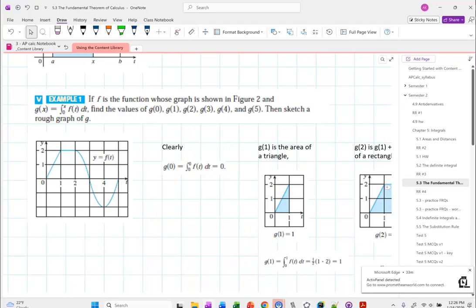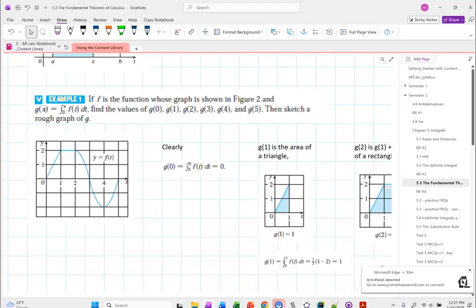So if I want g of 0, I'm plugging 0 in for x. So I'm just computing the integral from 0 to 0 of f of t dt. Since the start and end of my integral are the same, we know the area under the curve is 0, right? Everybody remember that?